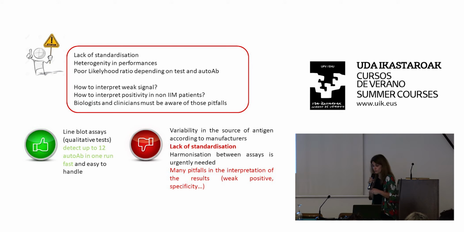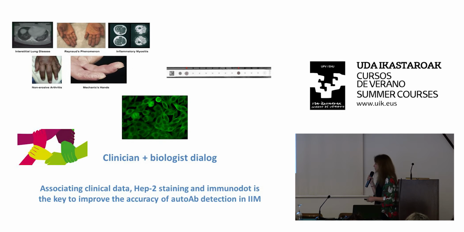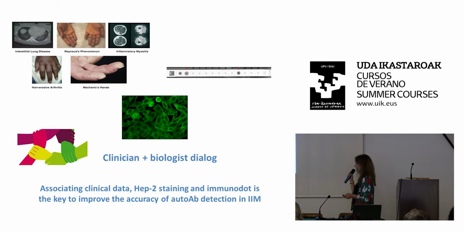We need the manufacturers to improve and standardize their tests in order to perform better. Of course, it's really important to associate clinical data, staining that can help immunodots, and dialogue between clinicians and biologists to improve the accuracy of autoantibody detection in inflammatory myositis.